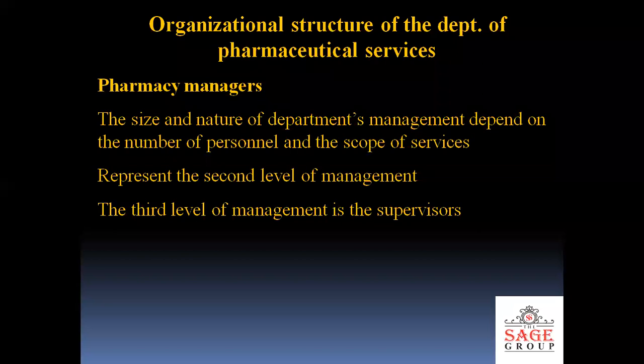They represent the second level of management, and the third level of management is supervisor. First is director of pharmaceutical services, second is pharmacy manager, and third is supervisor. These three levels of managers are available as per the requirement of the pharmaceutical department or particular hospital.